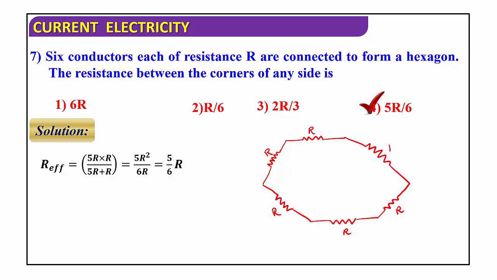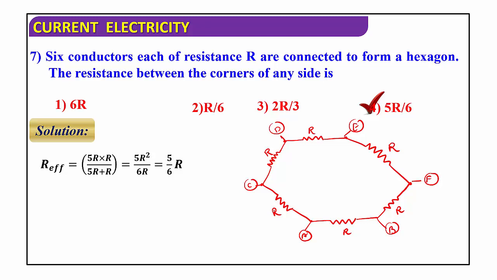How many resistors have I drawn here? 6 conductors of each resistance R. Let us name them: this is point A and this is point B, and similarly this is C, D, E and F. So let us consider some points to make it easy.